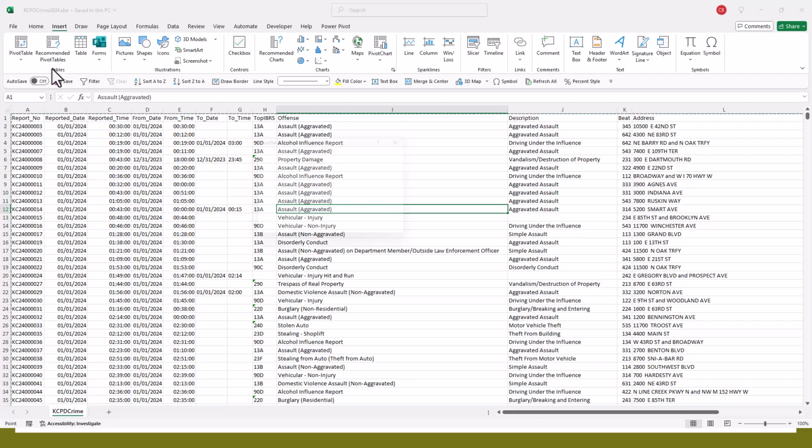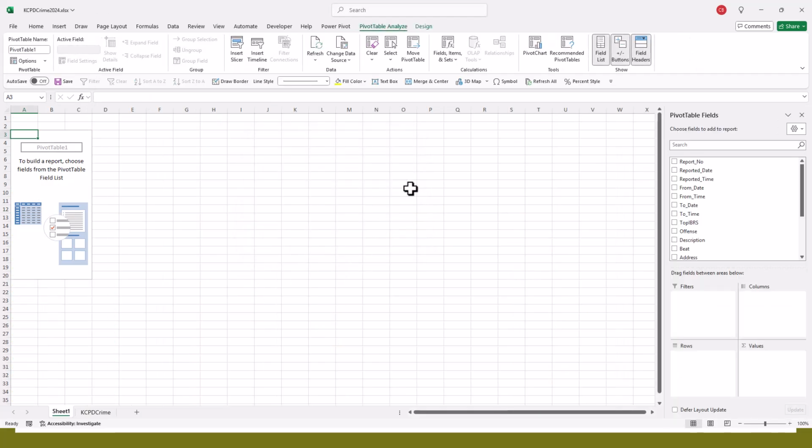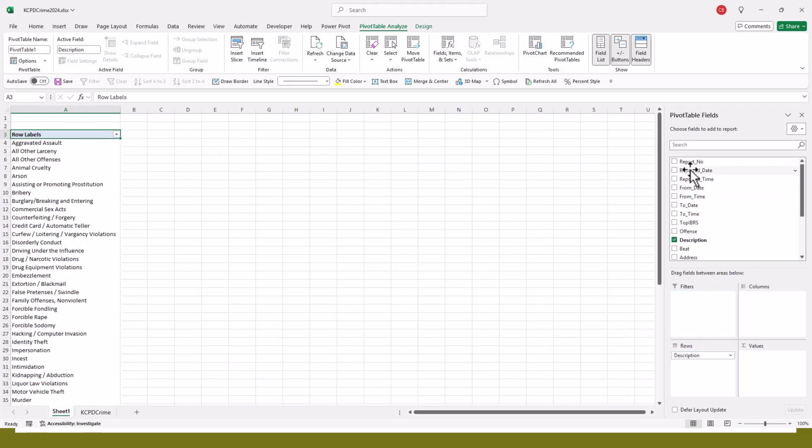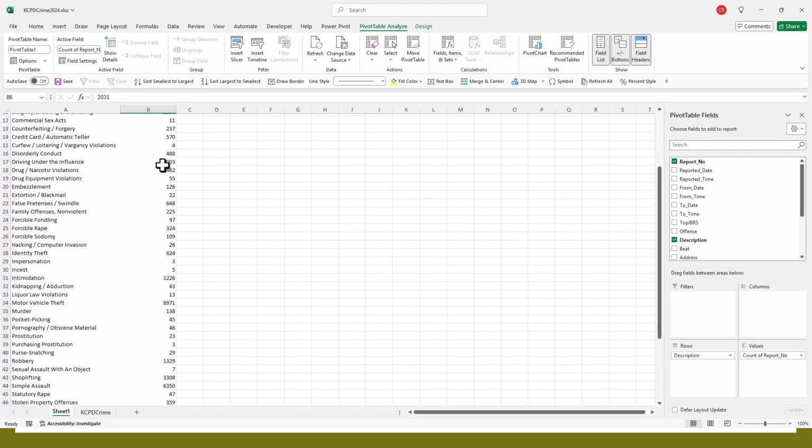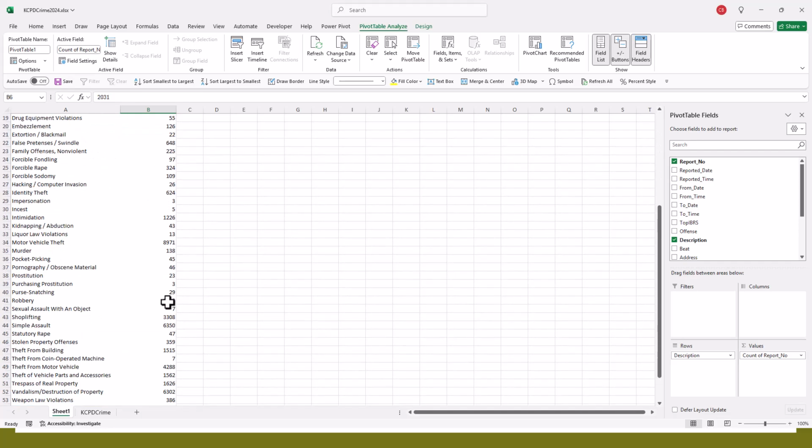But if I turn this into a pivot table, and actually I'm going to count the description. One of the only things you can do with nominal data is to count it. But that count is ratio data. The count is ratio data.